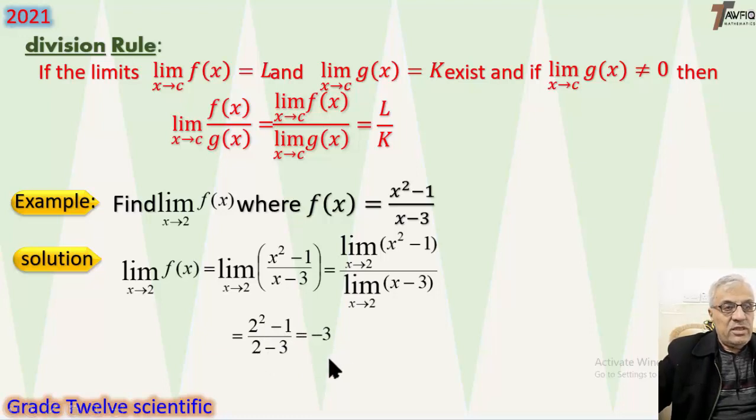We can solve this example directly by replacing 2 in place of x in the fraction. That means we start here with 2 squared minus 1 over 2 minus 3, without writing these steps.